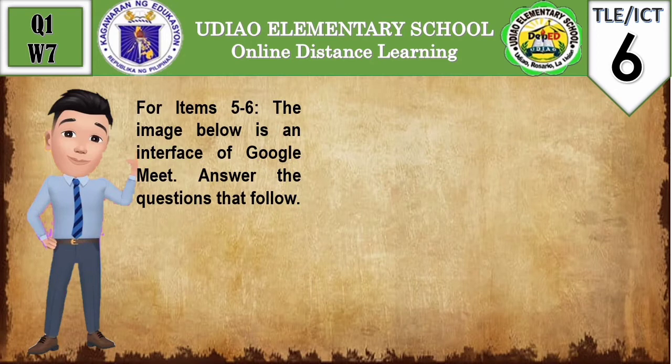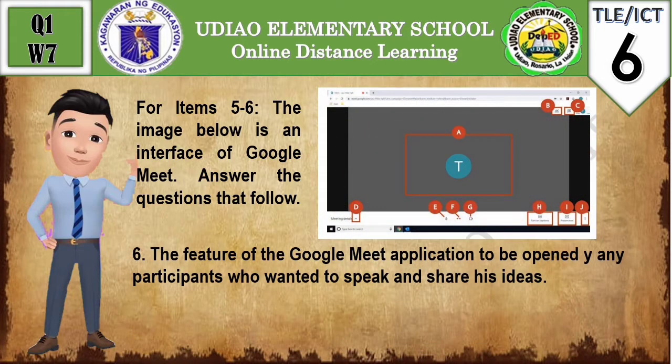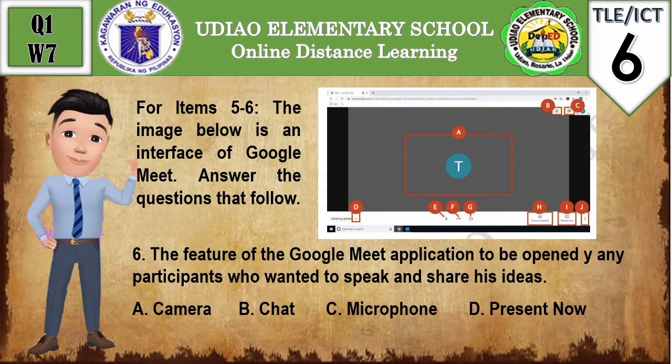Again, for item number 6, the image below is an interface of Google Meet. Answer the questions that follow. Number 6. The feature of the Google Meet application to be opened by any participant who wants to speak and share his ideas. Is it A. Camera, B. Chat, C. Microphone, D. Present now?